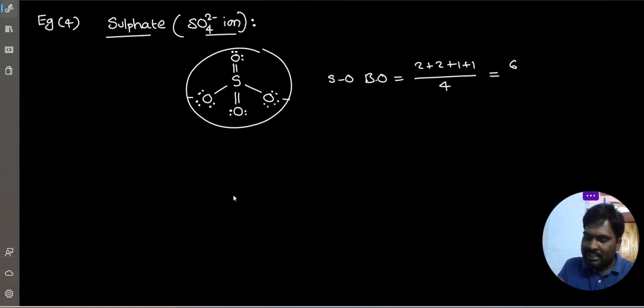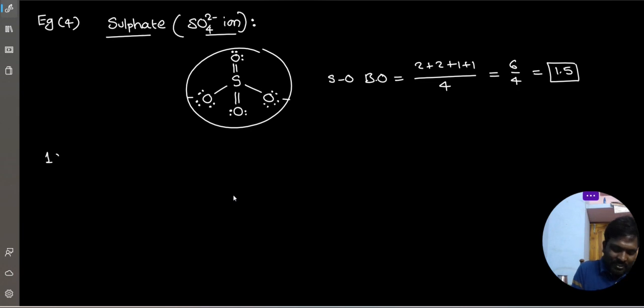So 6 by 4 means 1.5. Understood? These are the important molecules: carbonate, phosphate, perchlorate, sulfate. Mostly these four structures are asked every time in the NEET exam and JEE exam also.